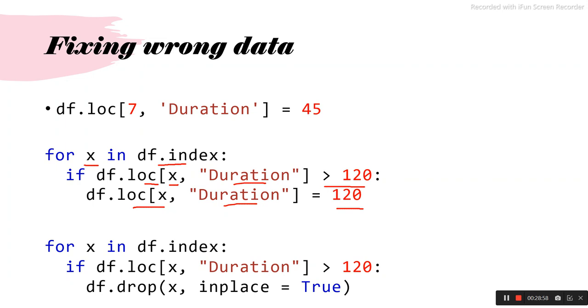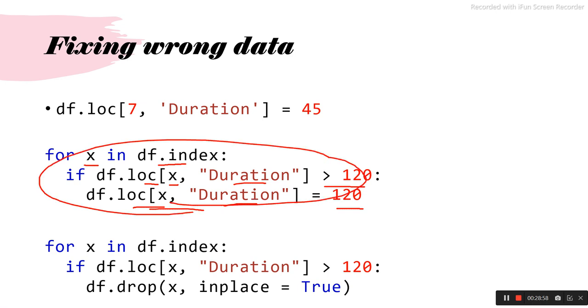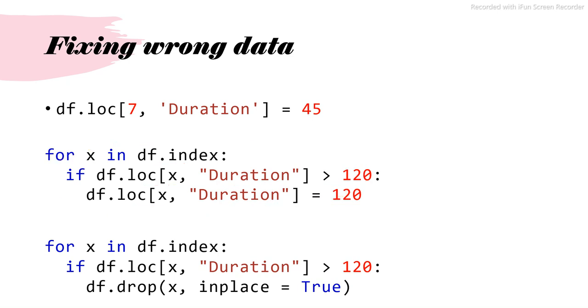So I am fixing a maximum value for that column, 2 hours, that is 120 minutes. Whatever value is more than 120, I make it 120. That's what is happening in this entire for loop.